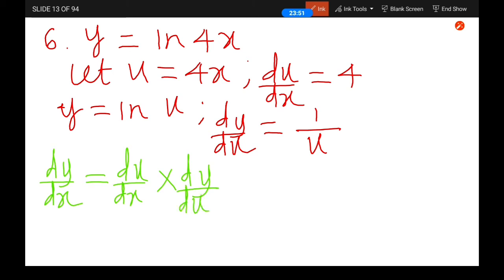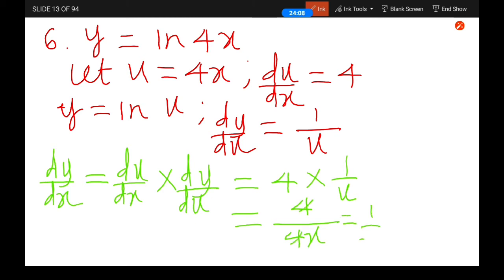Very good. And what is my du dx? That is 4 times 1 over u. I'll be giving you the shortcut as well here. That becomes 4 over u. And what is our u? 4x. And if you cut 4 here, 1, 4 here, 1, and that is 1 over x.